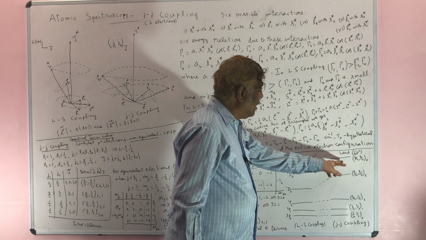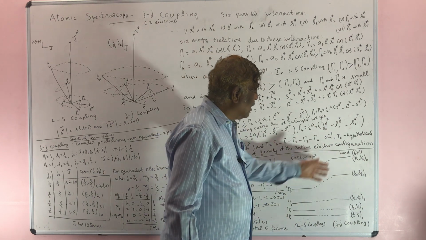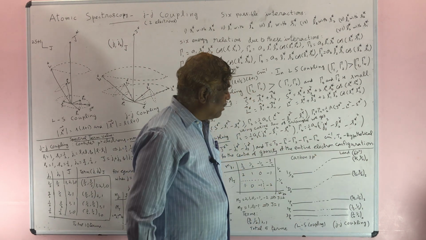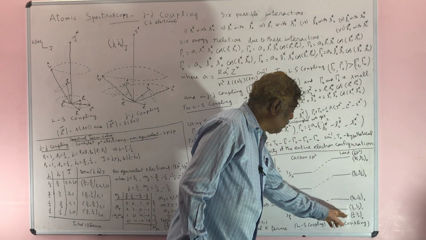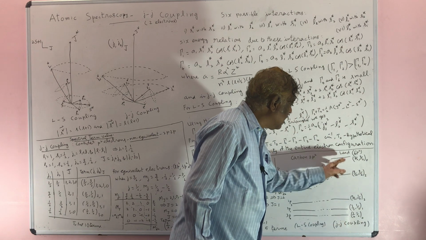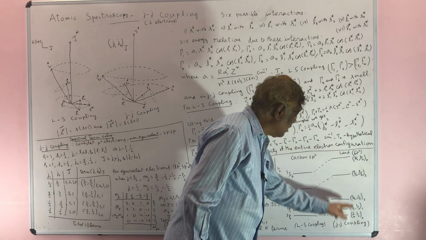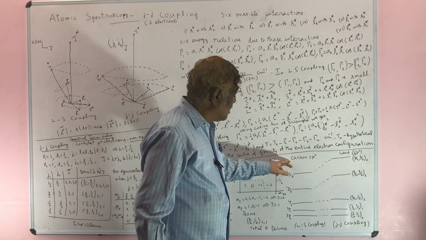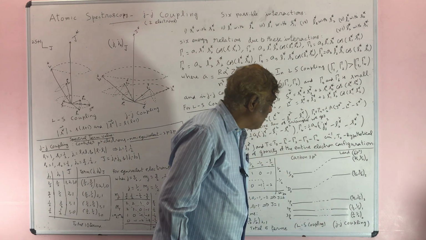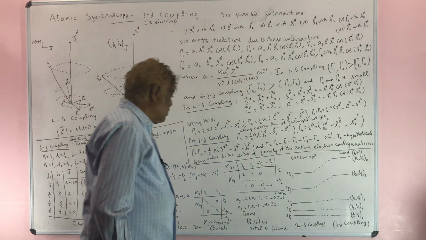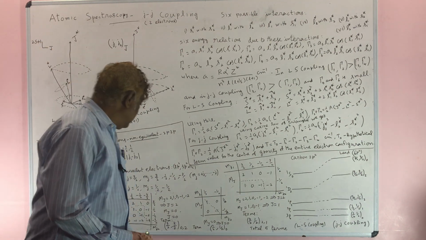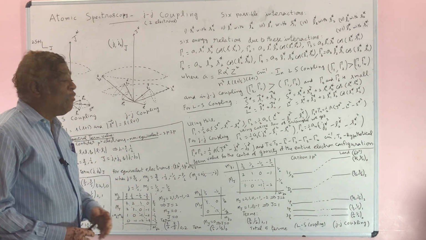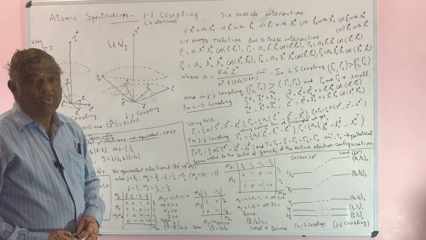Whereas in lead, again the experimental and theoretical values can be determined, and lead agrees well only if the coupling is JJ coupling. So this is an example for JJ coupling, and this is an example for LS coupling. This is the way you have to designate the term values for two electron systems.